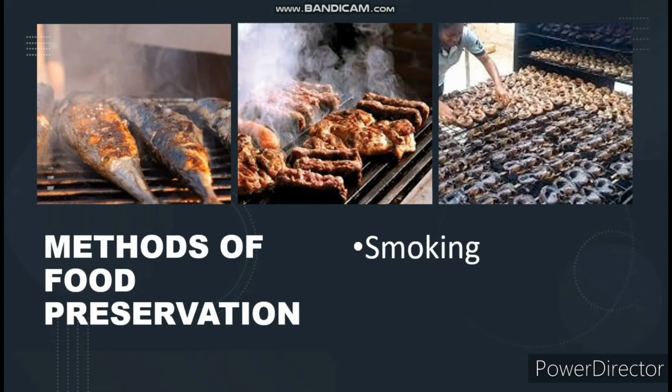And also, smoking helps to remove moisture from food, preventing bacteria and fungi growth that will destroy the food. Smoking is done when the food is exposed to fire and smoked.